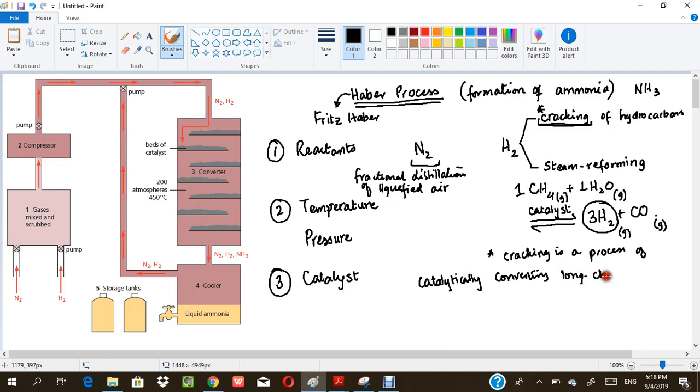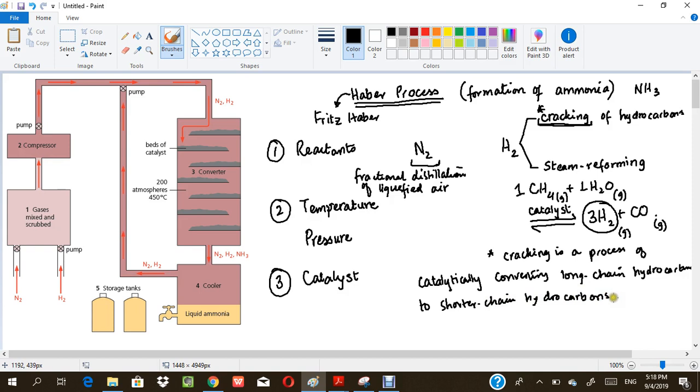long chain hydrocarbons to shorter chain hydrocarbons. I'm not discussing any details of this reaction.